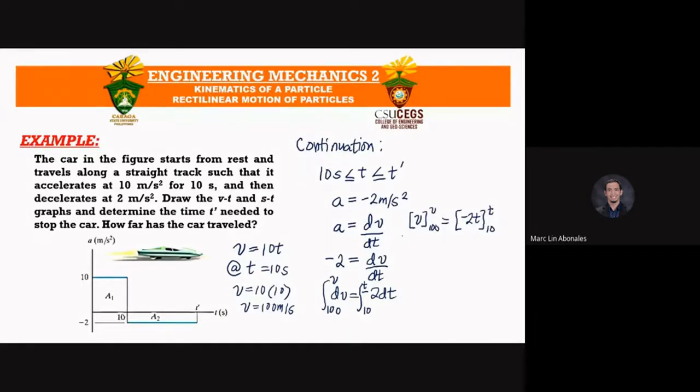So upper, which is v, minus the lower, 100, is equal to the same thing on the right side.